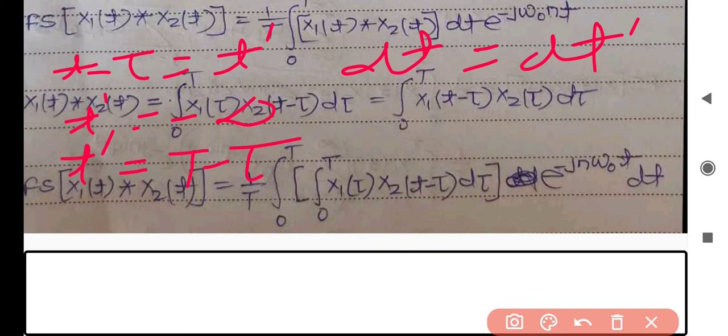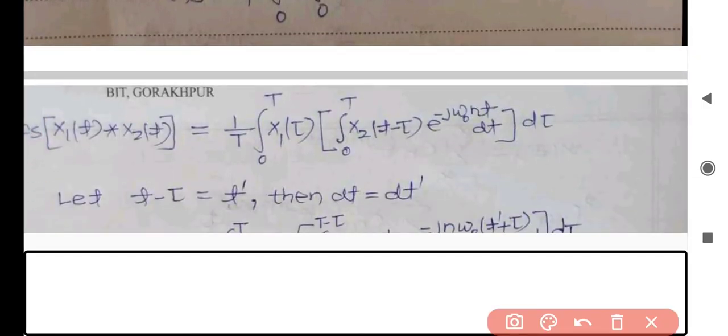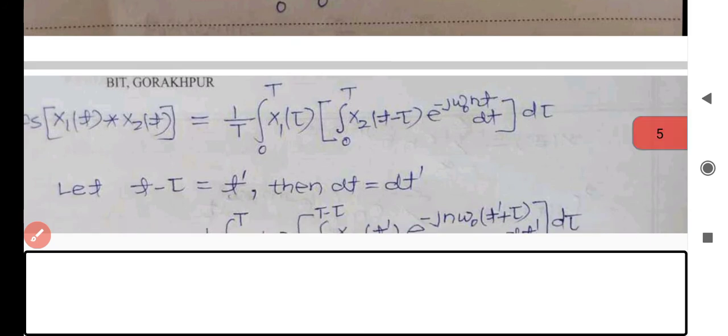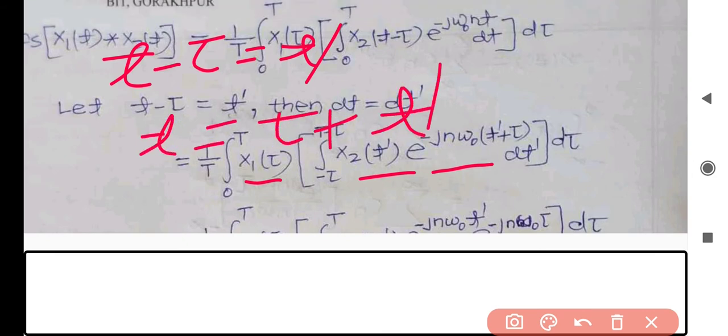So the limit will be from minus τ to T minus τ. Then, because t minus τ is equal to t', the t will become τ plus t'.